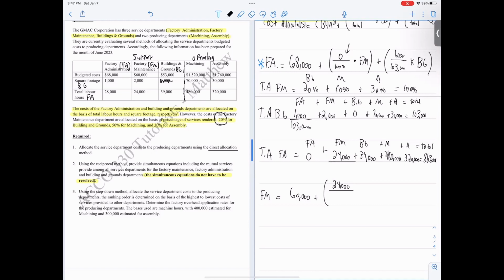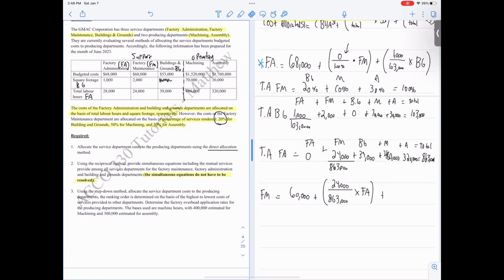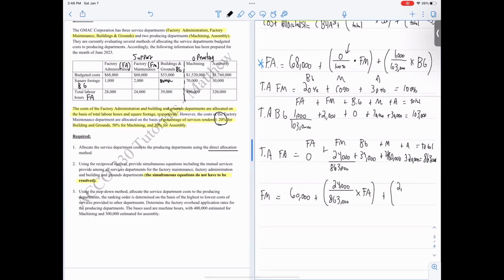So our proportion for factory maintenance is 24,000 over 863,000. That's the amount they use of admin, so we do that times factory admin. Then we have to see the amount that factory maintenance uses of building and grounds. Factory maintenance uses 2,000 of building and grounds over the total allocation of 103,000. So it's like saying 2,000 over 103,000.